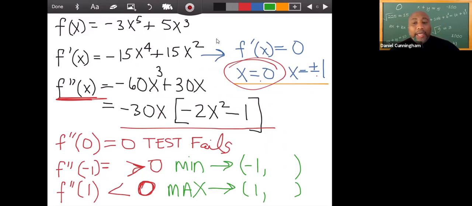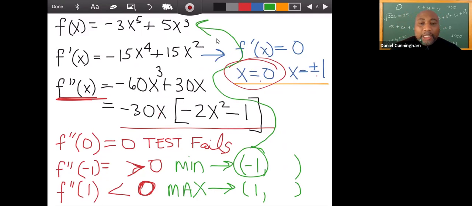And again, you want to plug that into the original equation. You can do that. So you plug in -1 into our f of x. I'm going to go back up here. -1 gives me 3 plus a -5, which in our case is a -2.